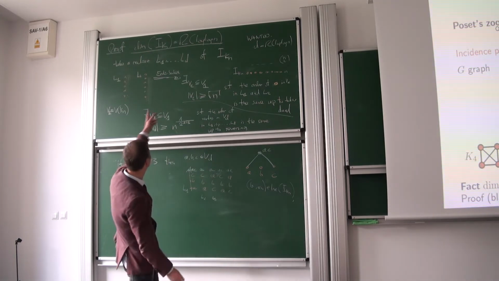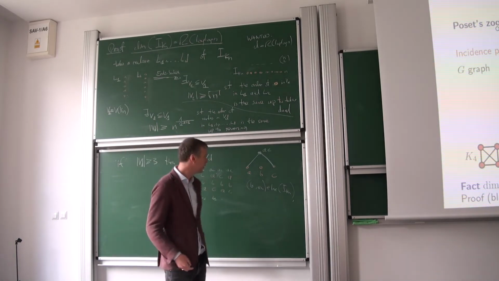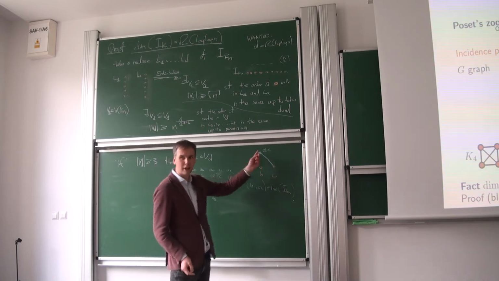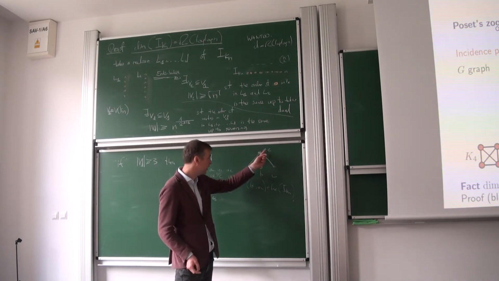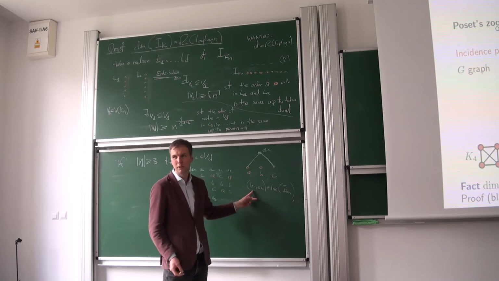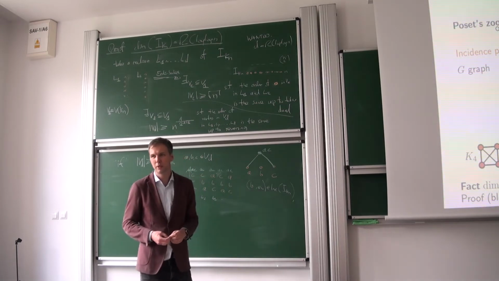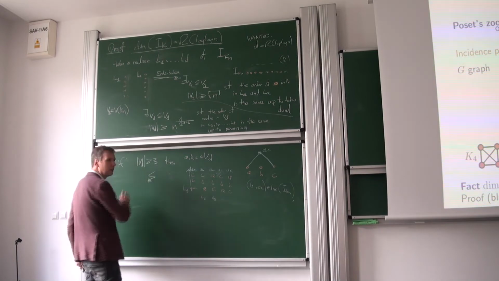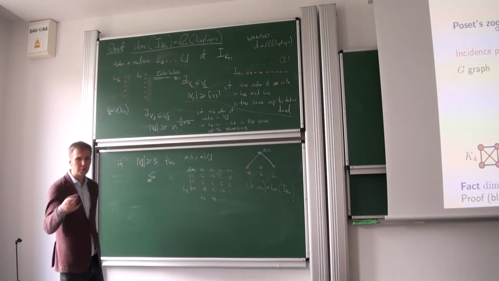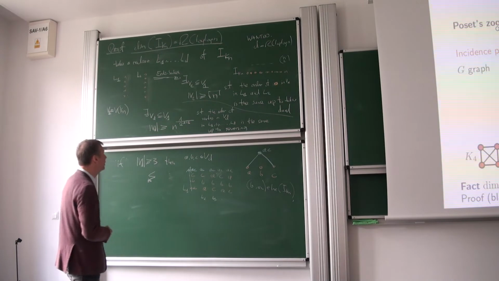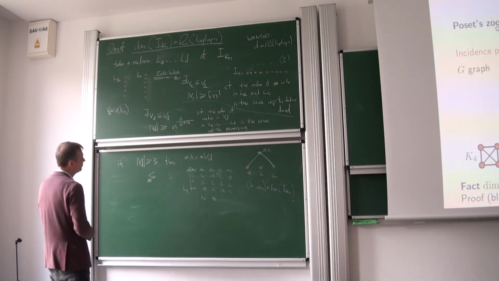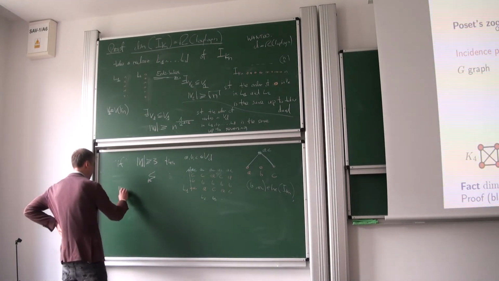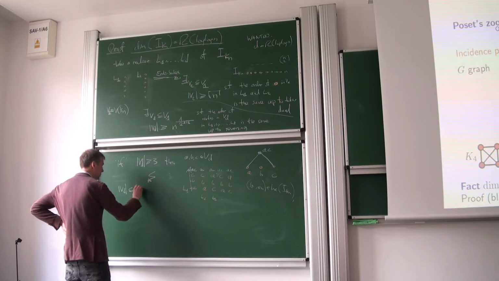And this thing claimed to be a realizer, which means that there should be a linear extension that puts AC below B. But there is not. So that's a contradiction with the assumption that VD is of size at least 3, and this will give us a bound, right? Because now we know that VD is of size at most 2.